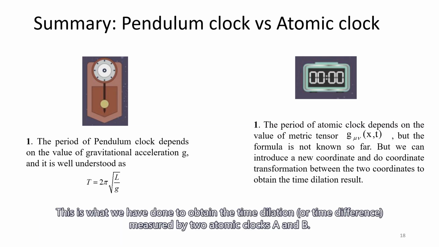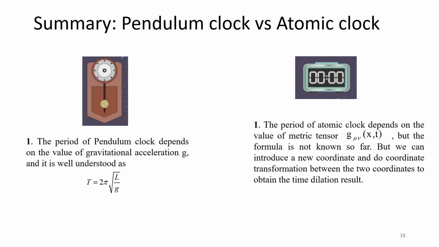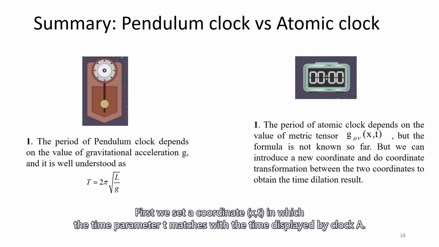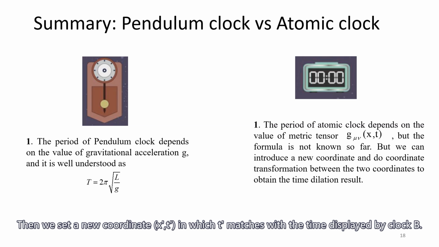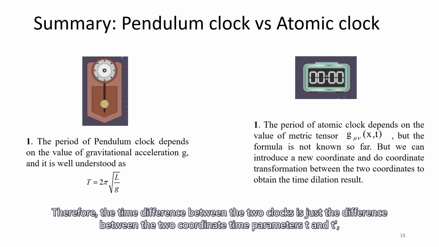This is what we have done to obtain the time dilation measured by the two atomic clocks A and B. First, we set a coordinate t, x, in which the time parameter t matches with the time displayed by clock A. Then we set a new coordinate t', x', in which t' matches with the time displayed by clock B. Therefore, the time difference between the two clocks is just the difference between the two coordinate time parameters, t and t'.